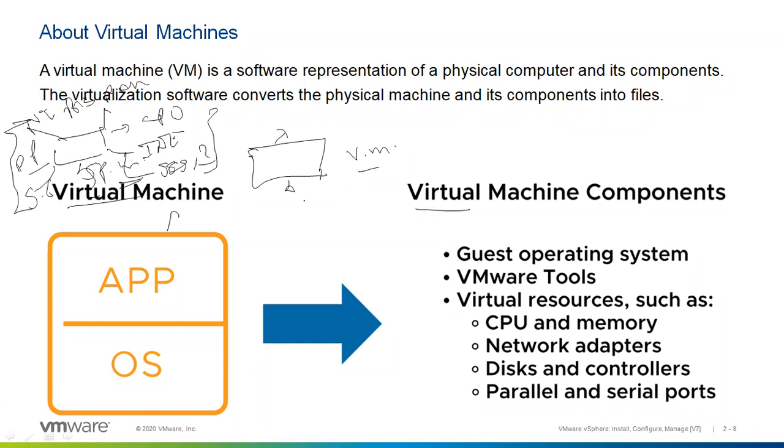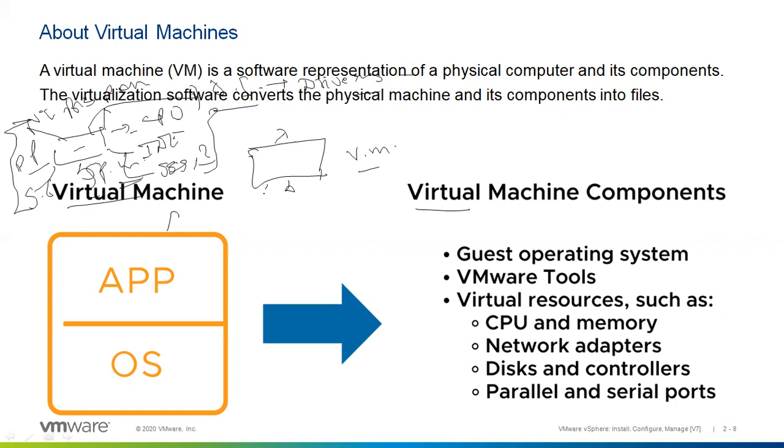When you purchase a physical server from the market, it comes with all this, correct? When you prepare a physical server for any purpose, you check the health of all the components: your CPU, memory, network interface card and so on. Then you put the desired operating system, which could be any Windows or Linux, whatever you want. Then you install the software drivers, correct?